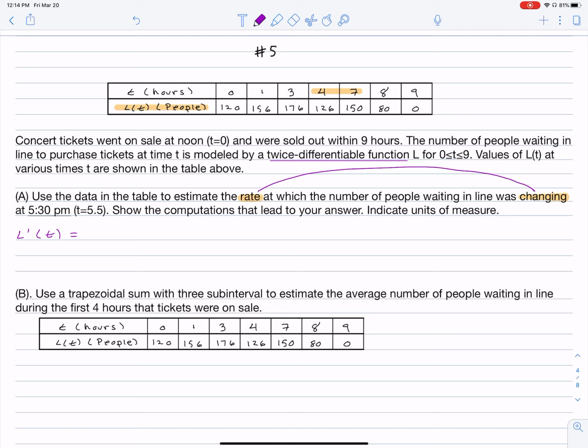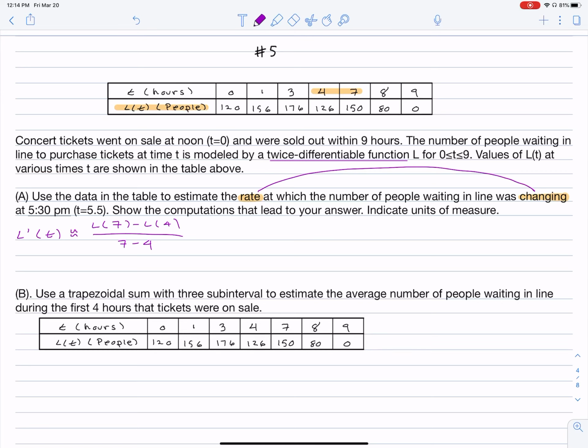It's not going to be equal, it's going to be approximately equal to L of 7 minus L of 4 over 7 minus 4. So it's going to equal that slope.